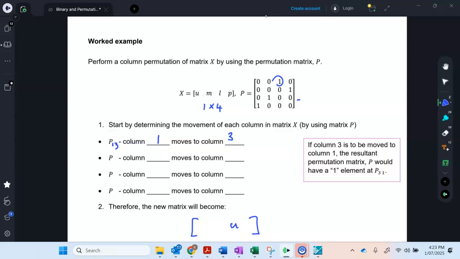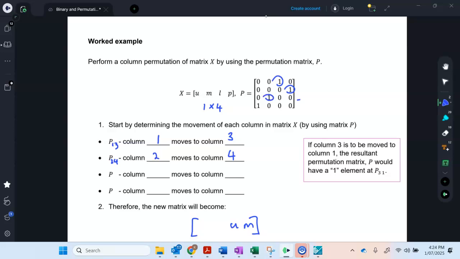All right, moving to the next one. So we've got this one here in row 2, column 4. So it's going to go from column 2 to column 4. So our letter in column 2 is M, and that's going to go to 4. All right, then we've got the next one.